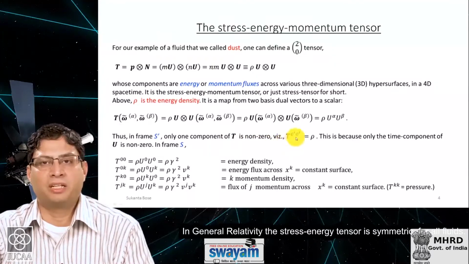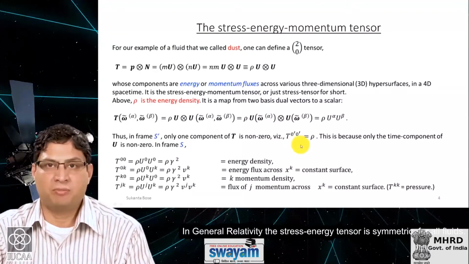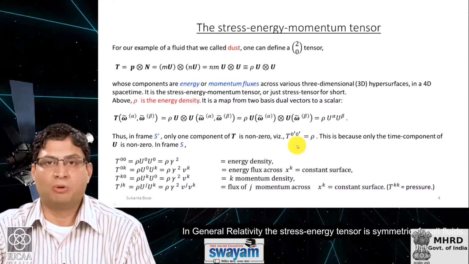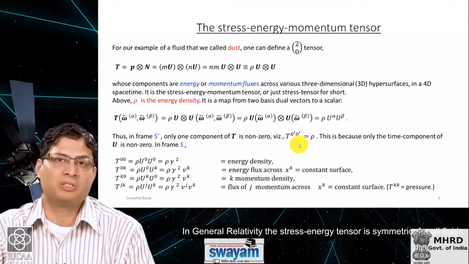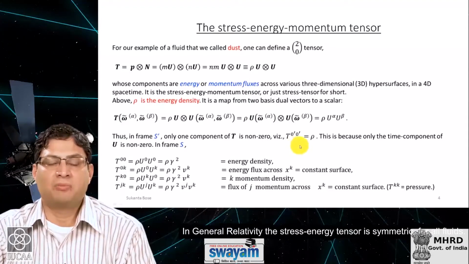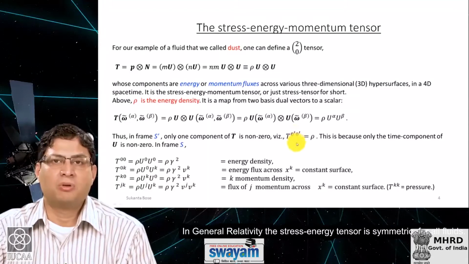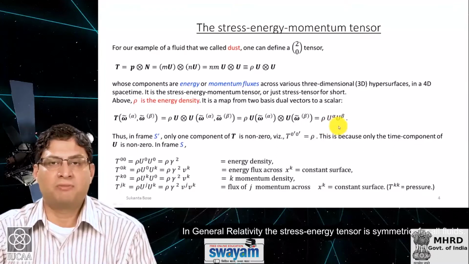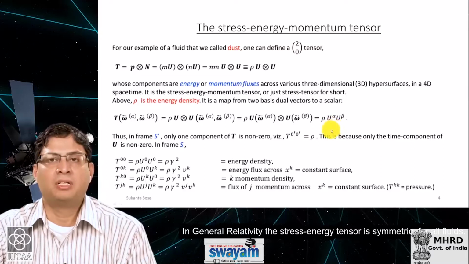The prime denotes the fact that you are taking the time component in the S prime frame, and it is only this component that is non-zero, because it is only u 0' that is non-zero, as we saw in the previous slide. The spatial components are 0 because the particle is not moving with respect to S prime. Its spatial coordinates are not changing with respect to S prime. So, only u alpha and u beta in this prime frame are non-zero, and they are both equal to 1. That is because dt' is just d tau.